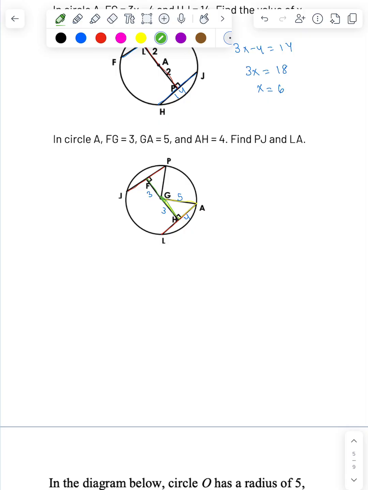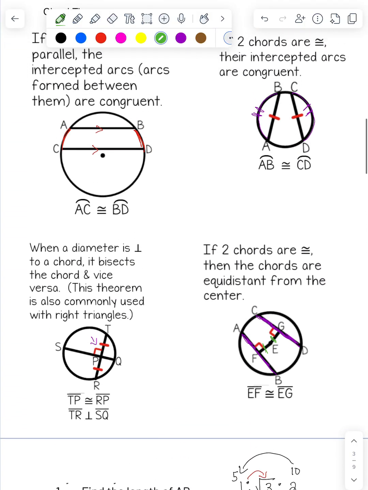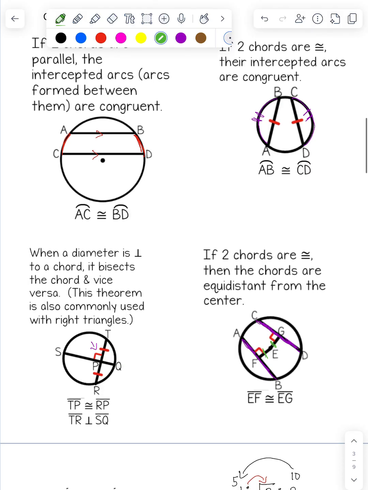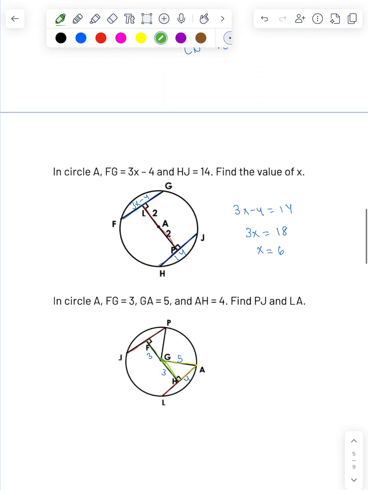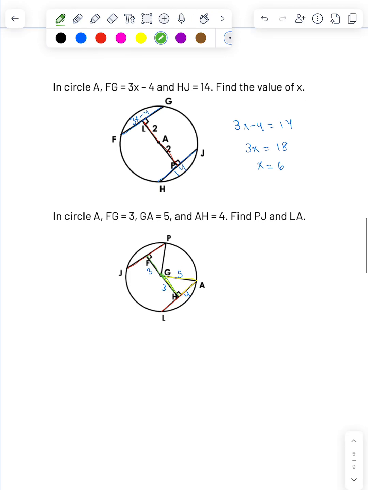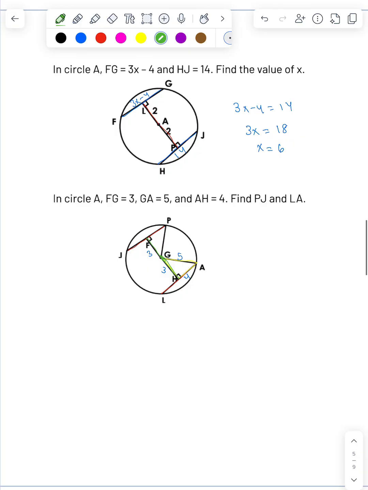Also, the rest of these have to do with diameters and radii. I don't see any radii being perpendicular or anything like that.